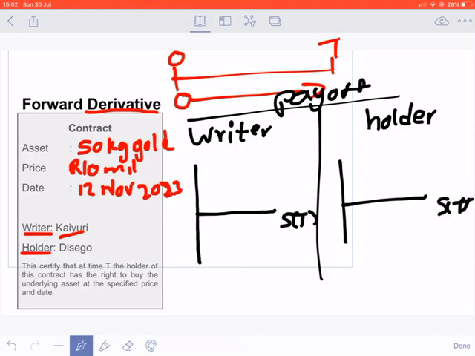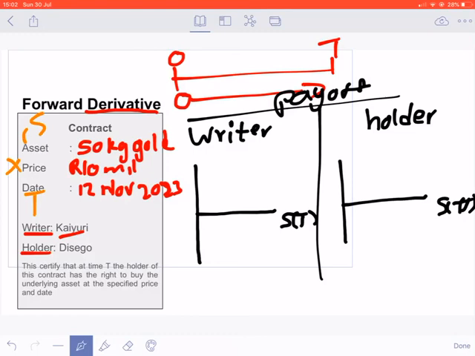This asset we will call S. So the asset is S, the price is X, and the date is capital T. At maturity, at time capital T, what is the worst thing that can happen to the asset? The asset can be worthless.